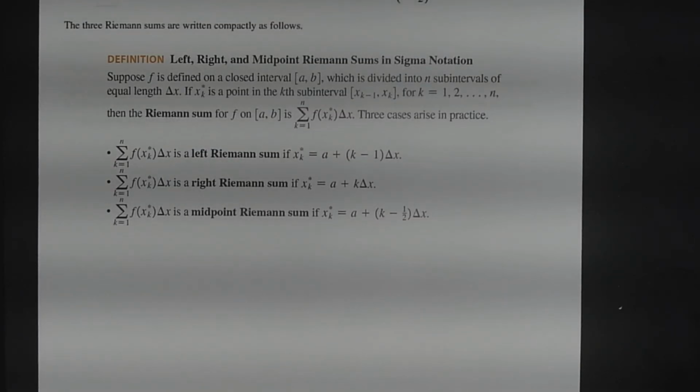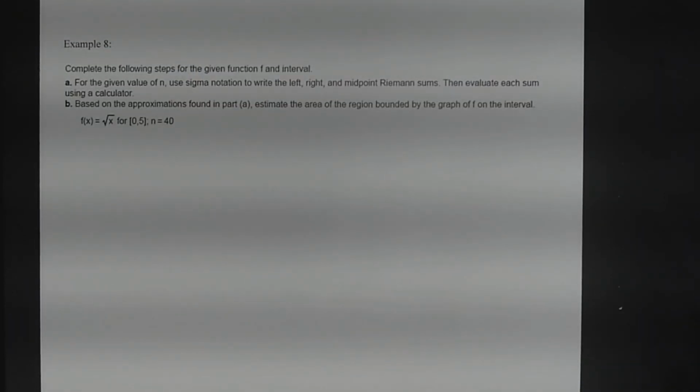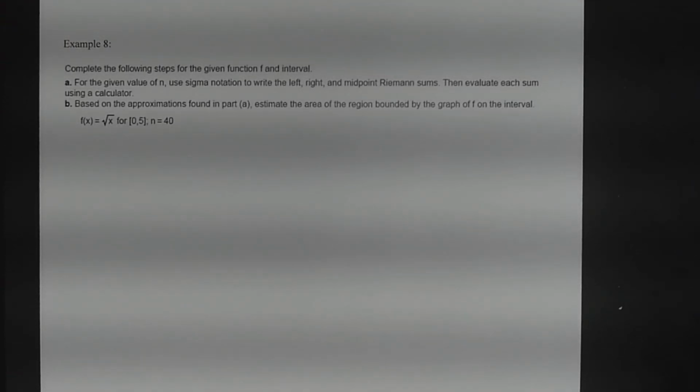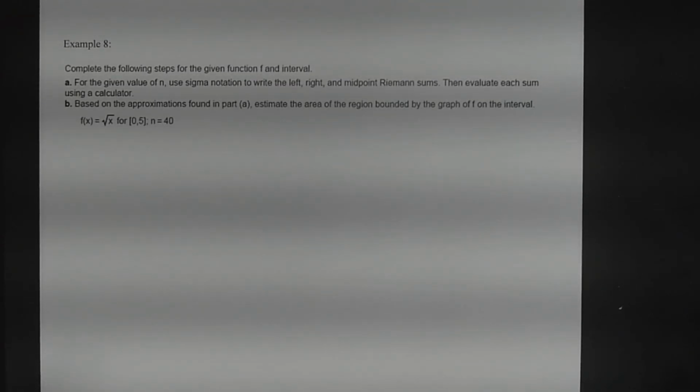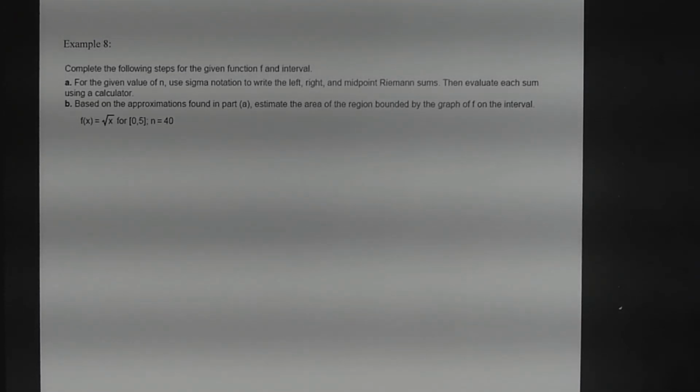Okay, and I do have one example that is related to this. So on the final page, complete the following steps for the given function f and the interval. So part A is this: for the given value of n, use sigma notation to write the left, right, and midpoint Riemann sums.